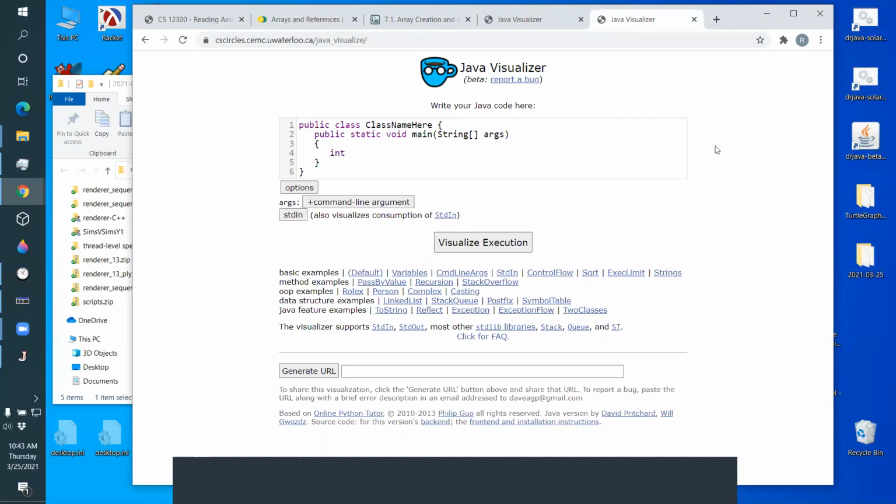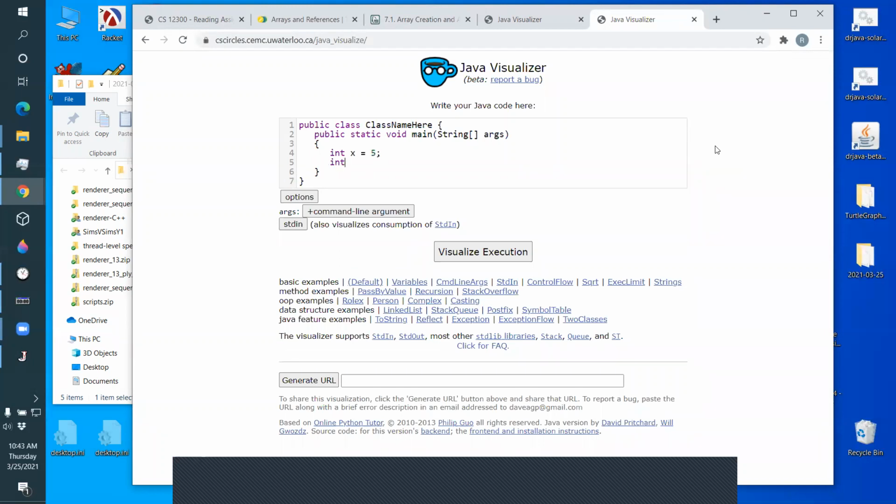Here's how I declare an array. An integer array would look like that. If I do this, I'm creating one integer. If I do this, I'm creating an array of integers. If I'm creating one integer, I say what number to put in it.